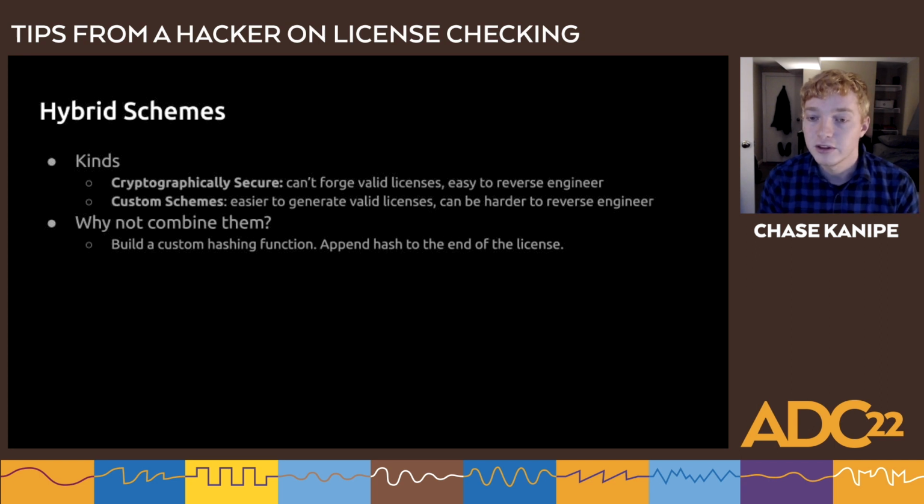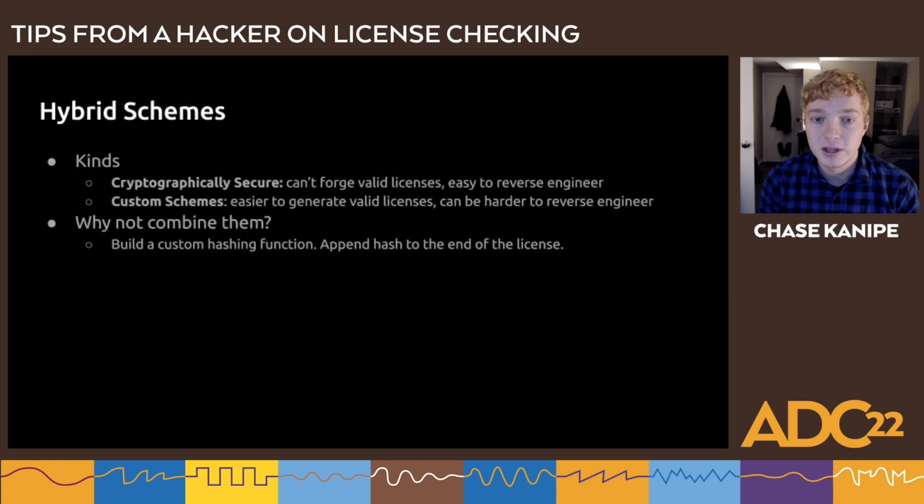But the way these schemes are implemented is usually much harder to reverse engineer because it doesn't use algorithms in the usual way. And so there's a lot more manual work that's required to understand how these schemes work before you can generate or forge a valid license. And so I think a potentially productive approach is to combine these two into a single copy protection scheme.